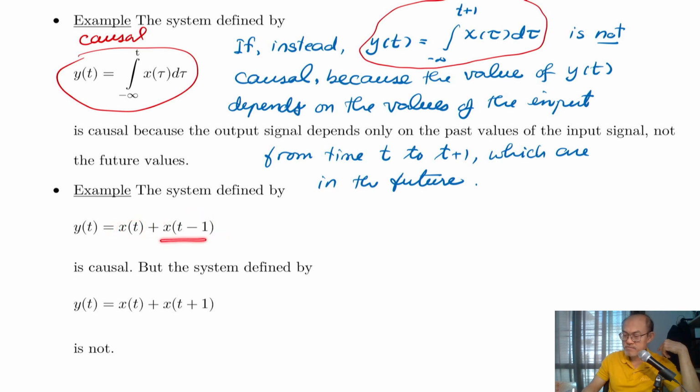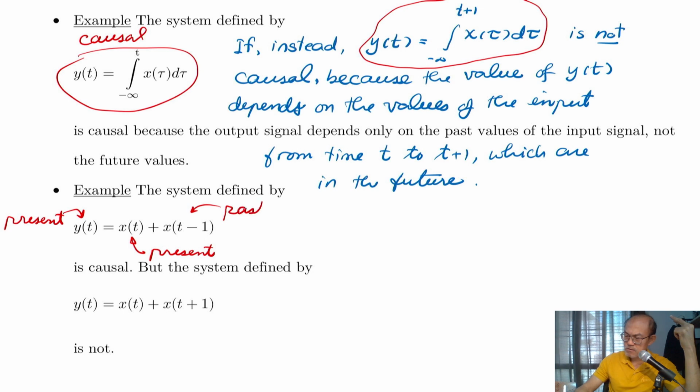This is the present value of the output, this is the present value of the input, and this is the past value of the input. You see the present value of the output does not depend on the future value of the input. So this system is causal.